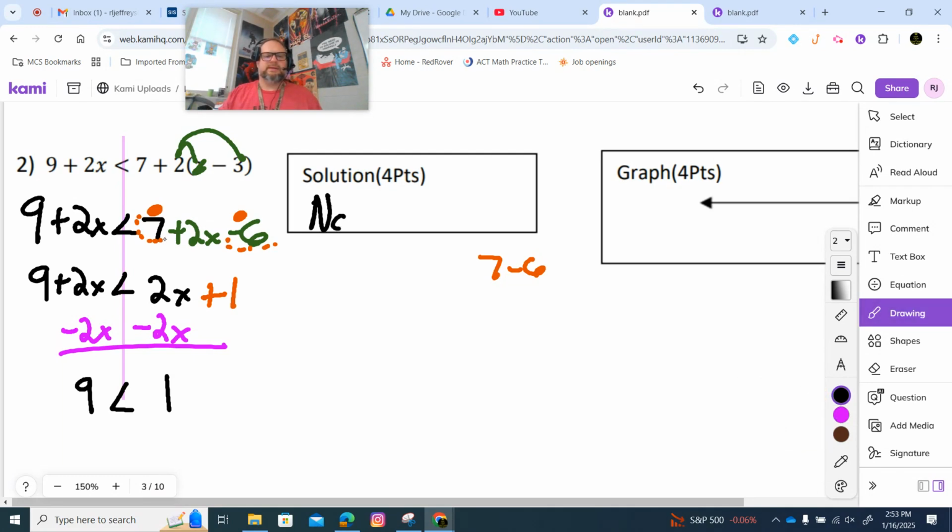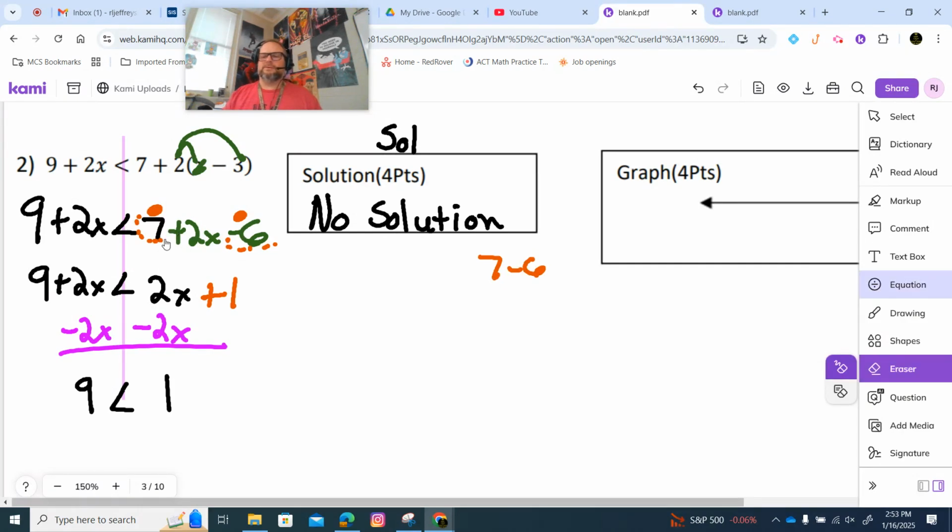This is not a no-no. That was funny. All right. And remember, I also said you could write solution this way. Oh, well, not necessarily like that, because that's gross.